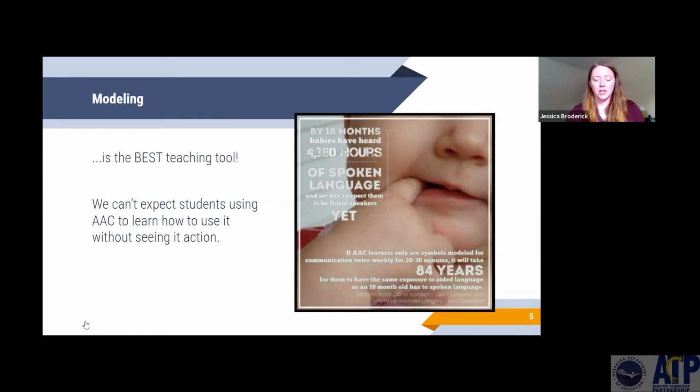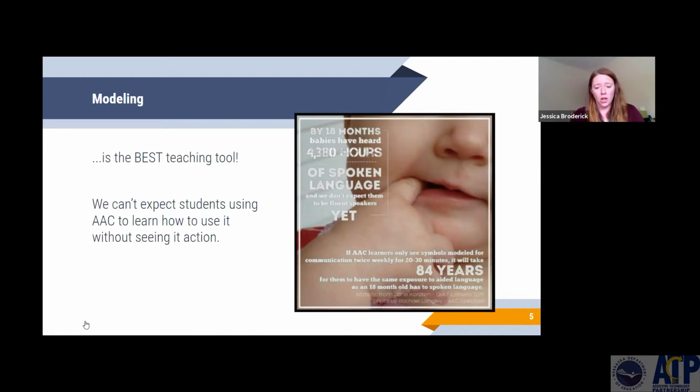The graphic on the right-hand side of your screen is one that I like and use in a lot of presentations. It says that by 18 months, babies have heard 4,380 hours of spoken language, but we don't expect them to be fluent speakers yet. I don't expect a baby who's a year and a half old, even though they have heard these thousands of hours of language, to be a fluent speaker.